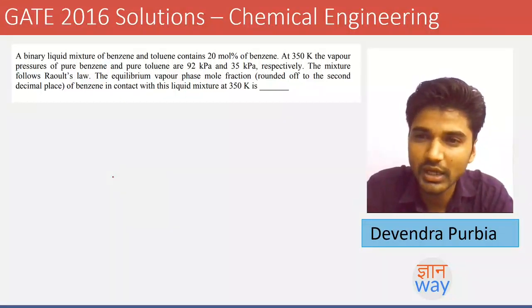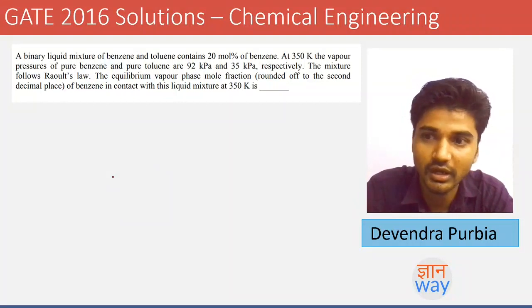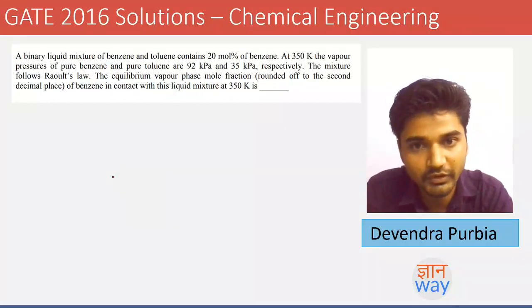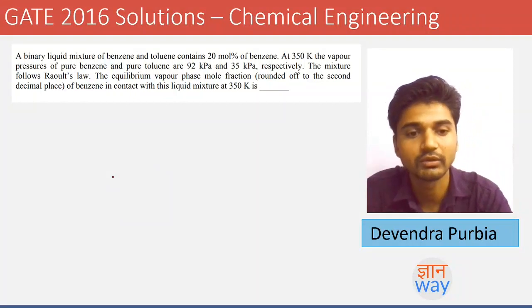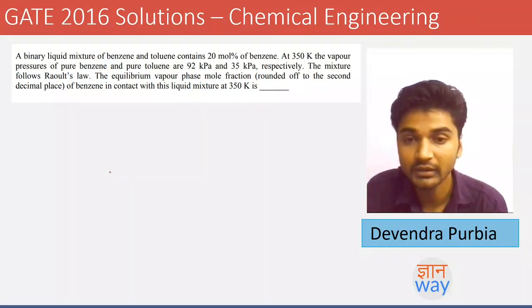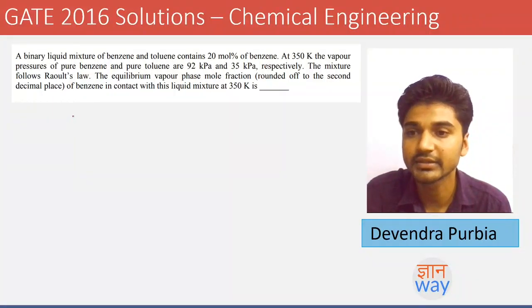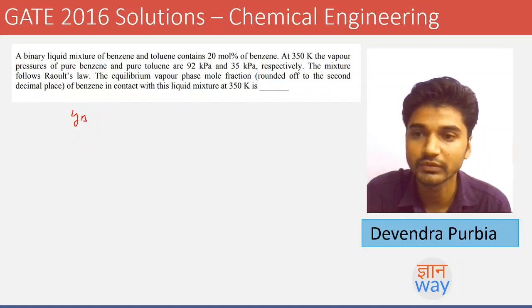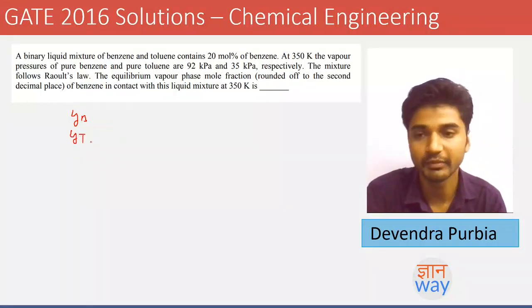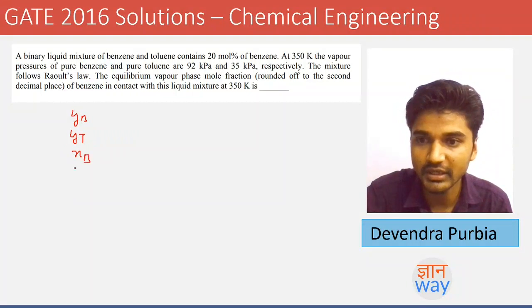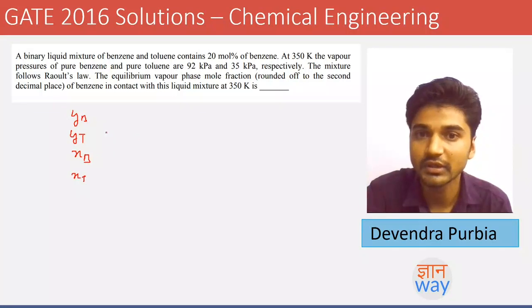The mixture follows Raoult's law. The equilibrium vapor phase mole fraction of benzene in contact with the liquid mixture at 350 K is to be calculated. So here, first we denote yb as the mole fraction of benzene in vapor, and yt as the mole fraction of toluene in vapor. Similarly, xb and xt for the liquid.